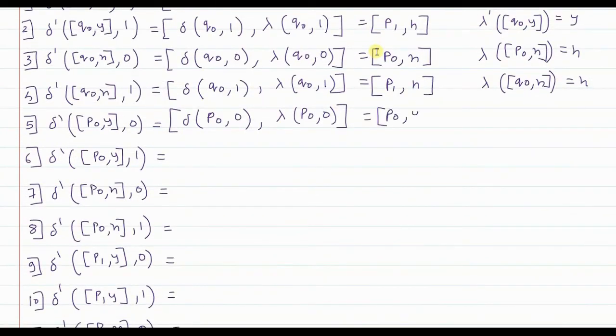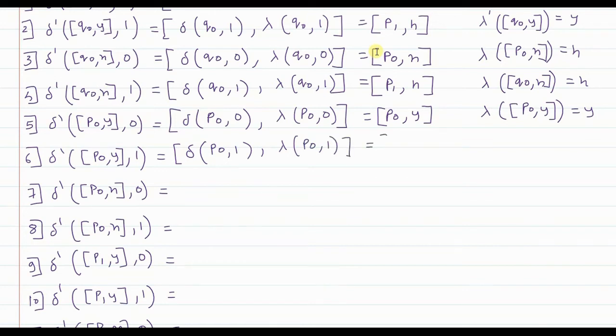From state P0 on reading 0 it goes to P0 itself, and the output generated here is y. So it goes to P0 itself and the output generated is y, and λ' of the state P0y will be y itself.